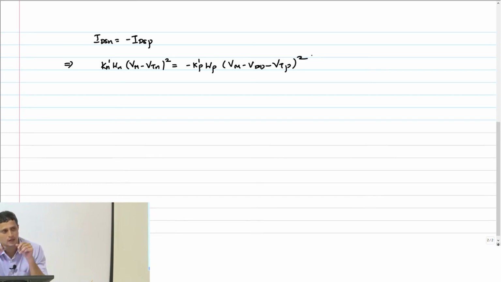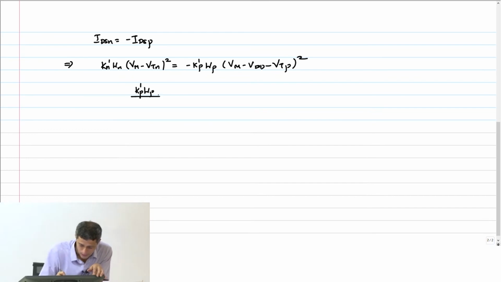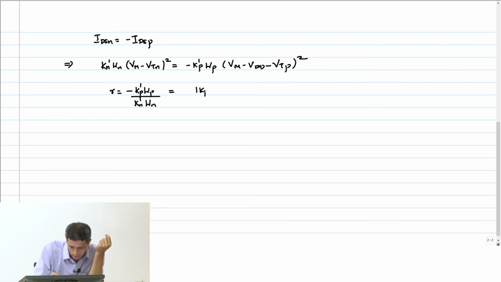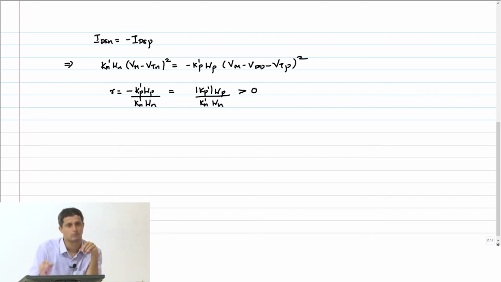Yesterday I defined R, so let me now define Kp prime Wp by Kn prime Wn as R. Kp prime is a negative number, so this is actually equal to mod of Kp prime Wp by Kn prime Wn, so it's a positive number.